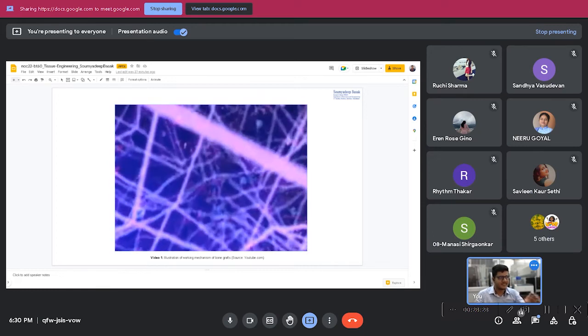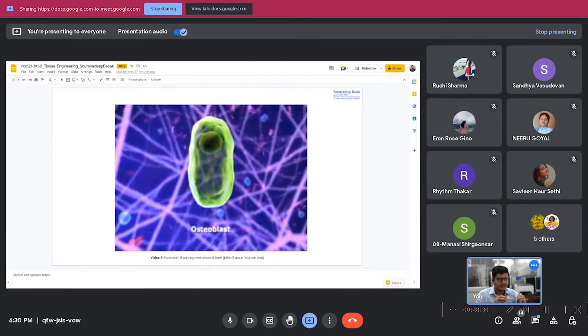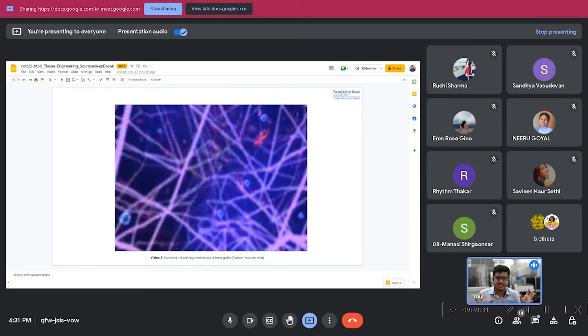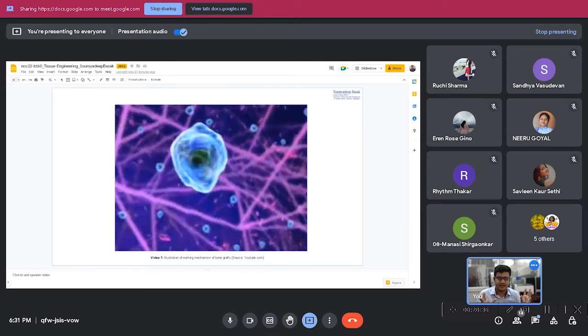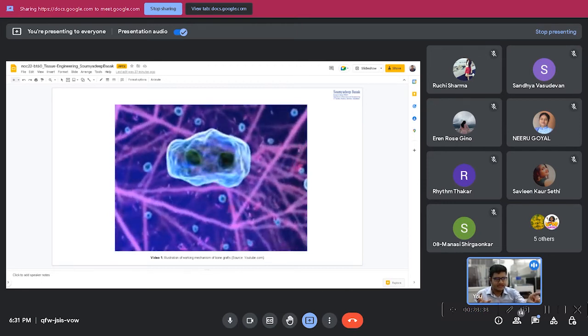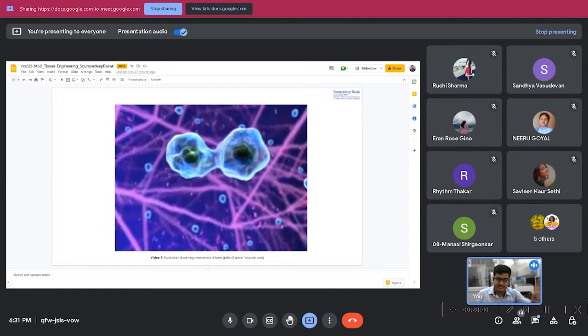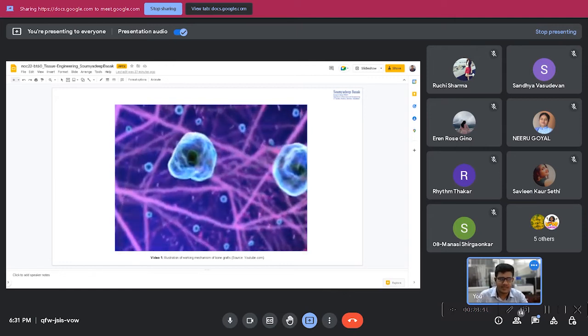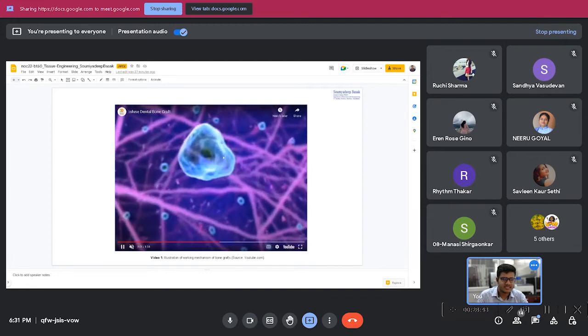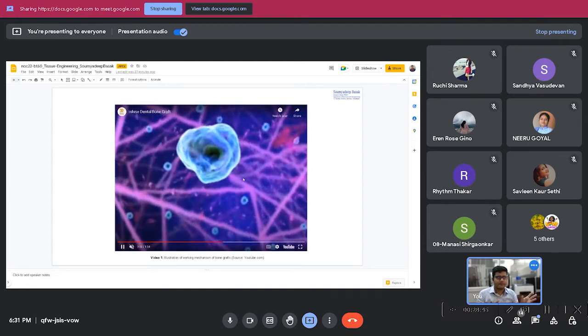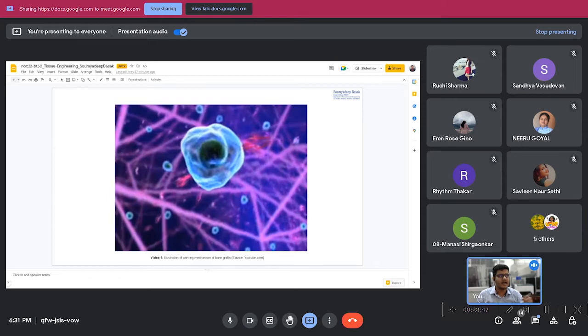Now the cells are infiltrating and they have found the matrix environment. So this kind of cell division, this is the proliferation step. Okay, the proliferation step has occurred. The cells are dividing and they will start differentiating.